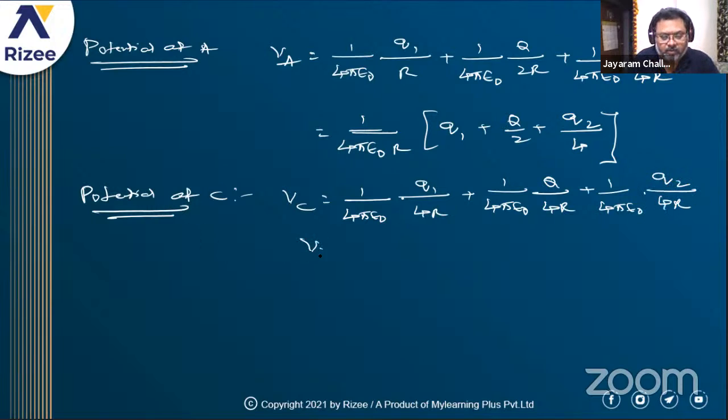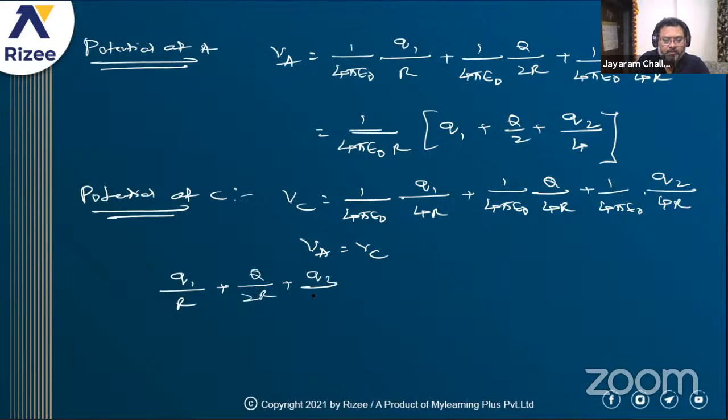As we know, the potential across A is equal to the potential across C. So the last term, if I compare, will be cancelled here, or else I'll write it this way: eliminating 1 by 4 pi epsilon naught, it is Q1 by R plus Q by 2R plus Q2 by 4R for A, and this is equal to Q1 by 4R on C, plus Q2 by 4R.